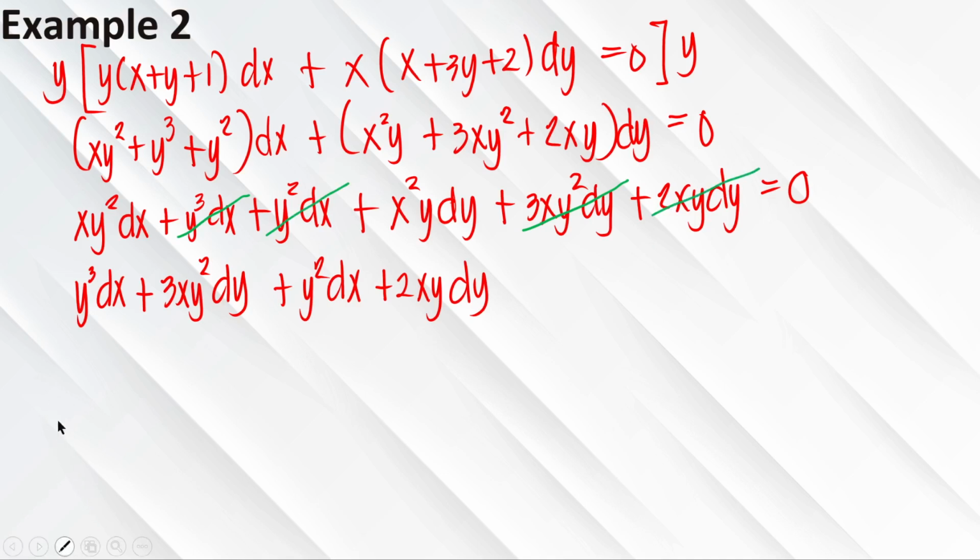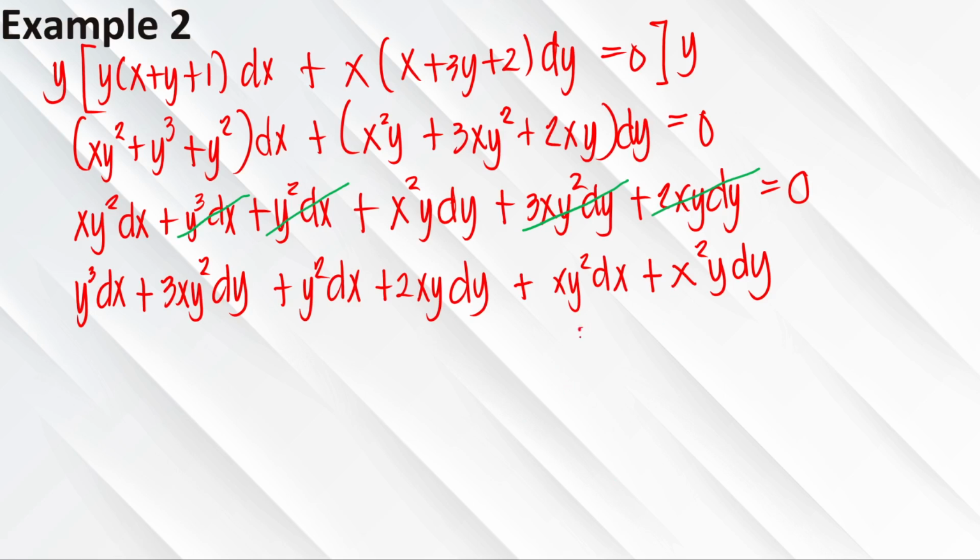ano na lang ang natitira? Meron tayong xy squared dx plus x squared y dy na hindi ata obvious ang kanyang derivative, no?